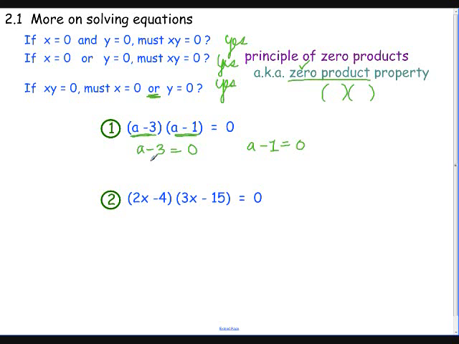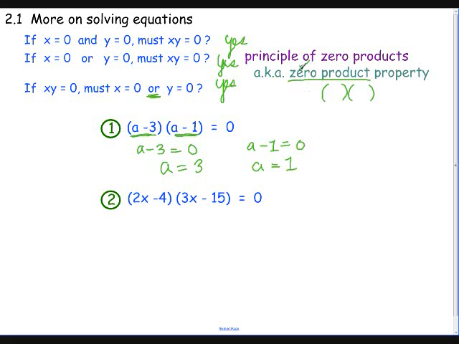Now I'm going to use the addition property of equality. A equals 3, or A equals 1. We just used the principle of zero products. This one looks a little more complicated, but if you look at it from the upper level, it's exactly the same.